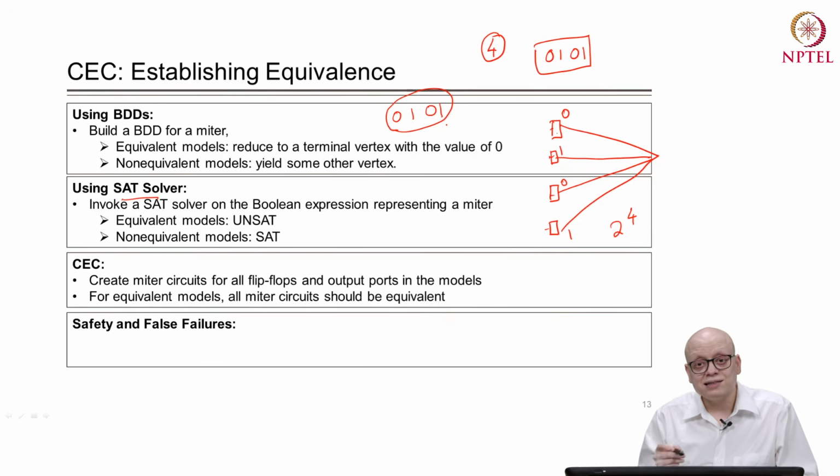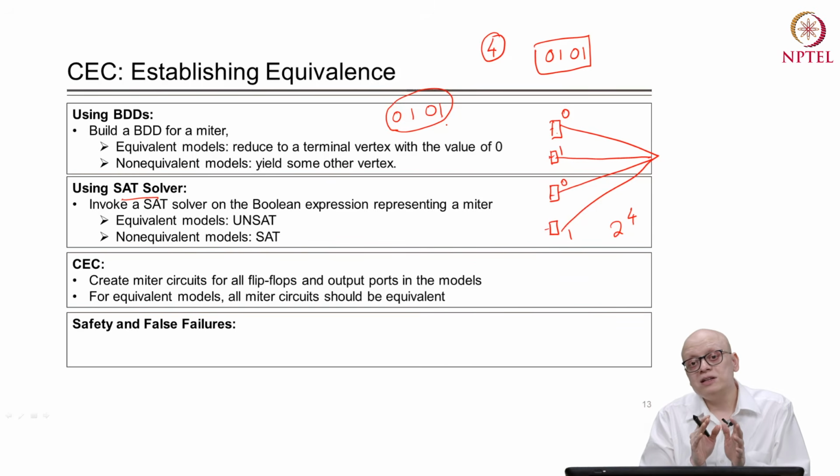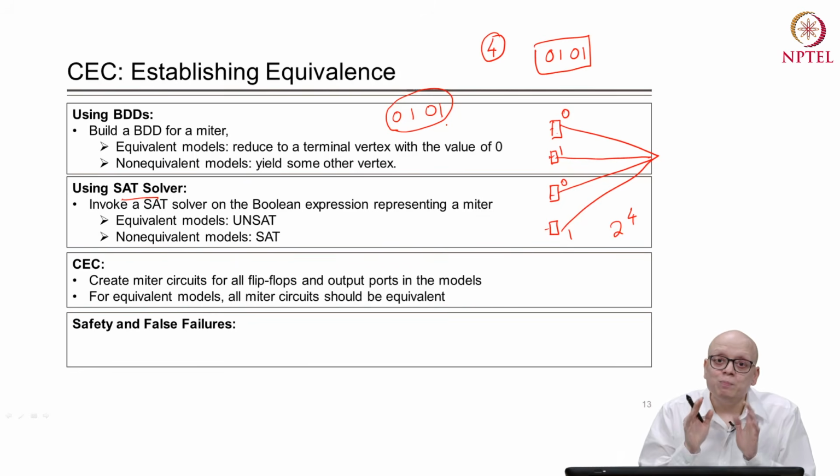If that is the case, then we need to debug the case that is reported by the tool, and see whether it is possible, and if it is not, then we can simply waive off that violation and move ahead and declare that our two models are equivalent. But understand that even though the combinational equivalence checking tool can give us false failures, it will never miss a failure.